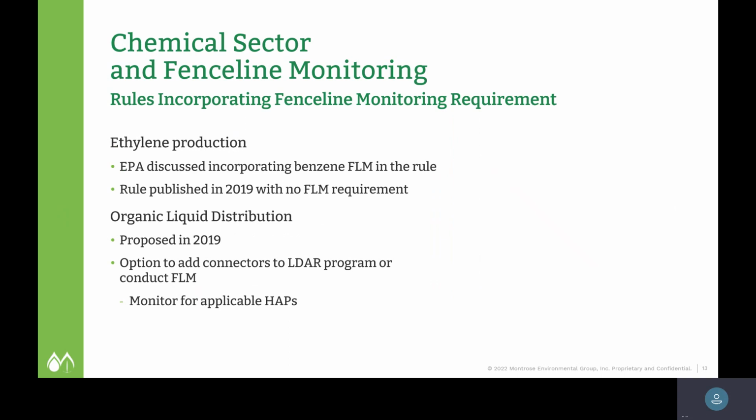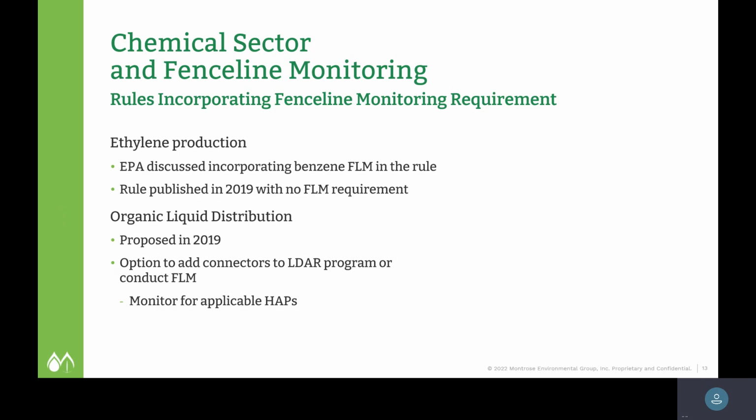So we're going to talk about the chemical sector, fenceline monitoring, and rules that incorporated fenceline monitoring requirements, such as ethylene production. There was some rulemaking or discussion of rulemaking for the ethylene sector back in, I think, 2017, 2018. EPA wanted to impose fenceline monitoring as part of that MACT rule.